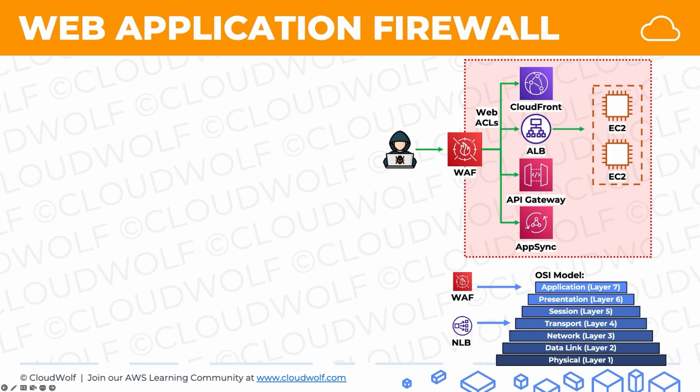So we cannot directly deploy WAF, or the Web Application Firewall, on the network load balancer because they are at 2 different layers. The Web Application Firewall can only be deployed at the services that operate at layer 7, the ones listed over here. So that's a trick question to look out for in the exam.